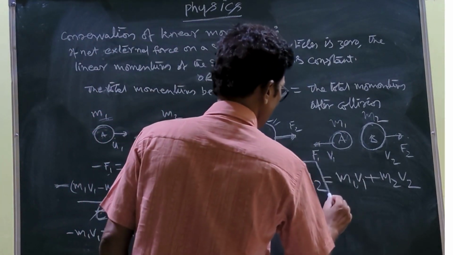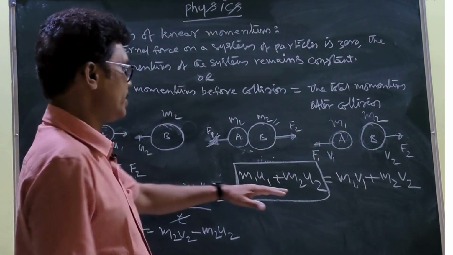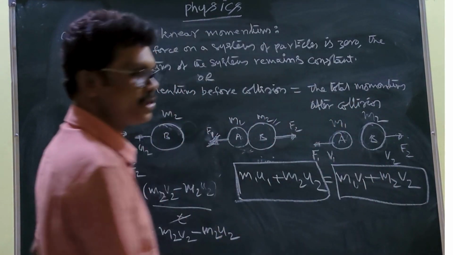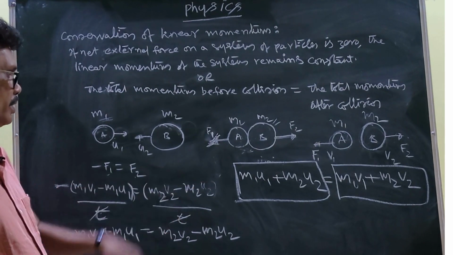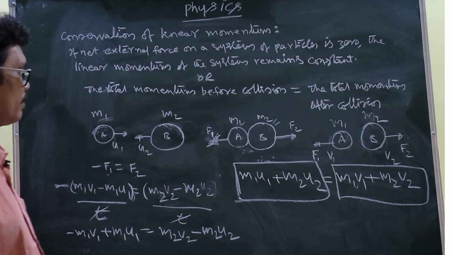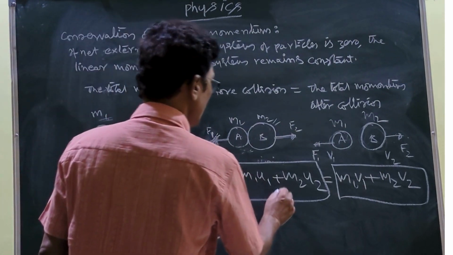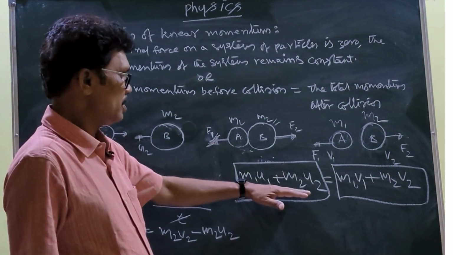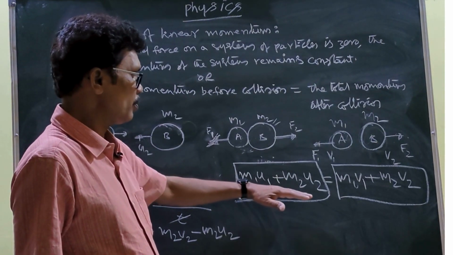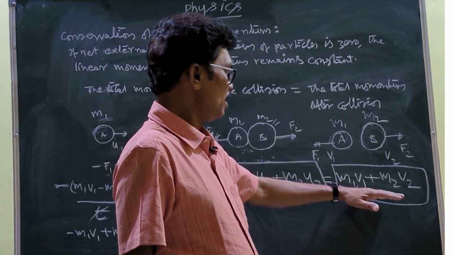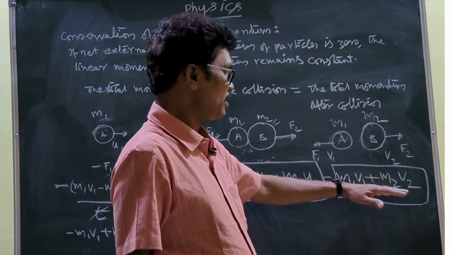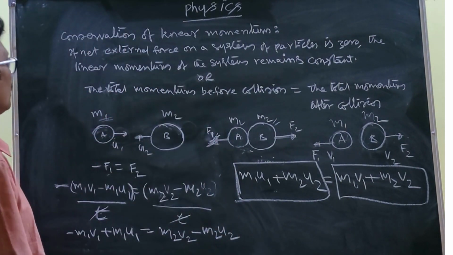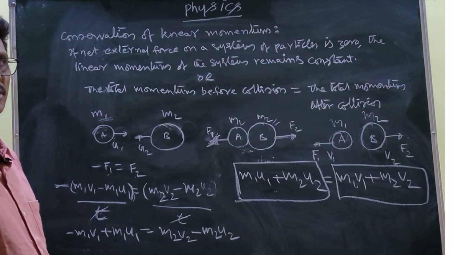Now the momentum before collision equals the momentum after collision. The equation is satisfied. This is before collision, m1 u1 plus m2 u2, and this is after collision, m1 v1 plus m2 v2. So the law is satisfied.